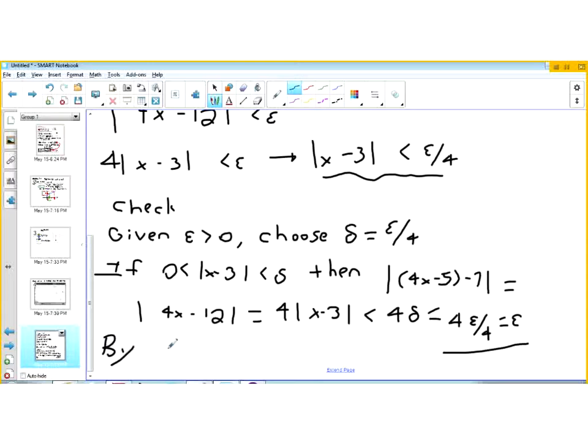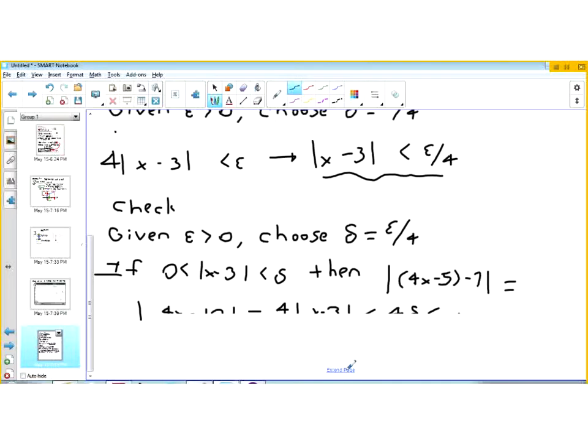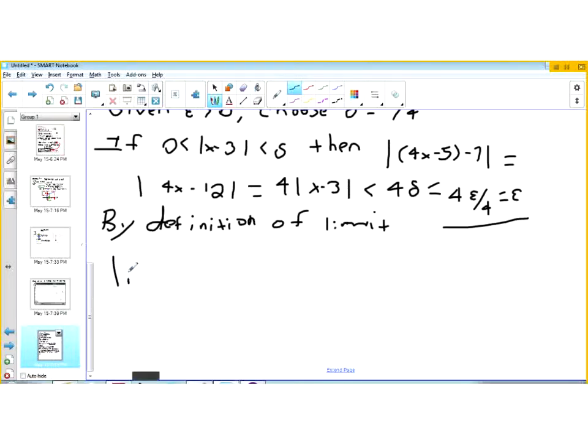Okay. So by definition of limit, the limit as x approaches 3 of 4x minus 5 is equal to 7.